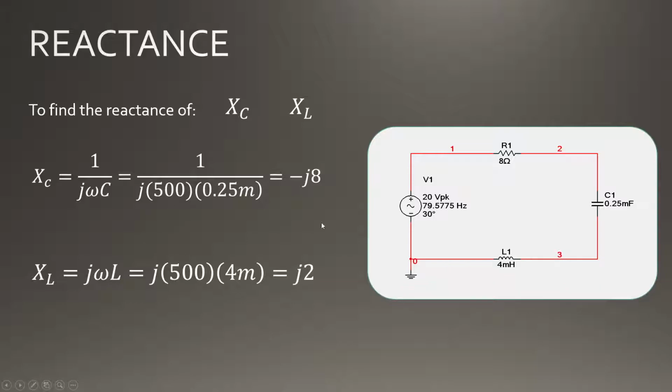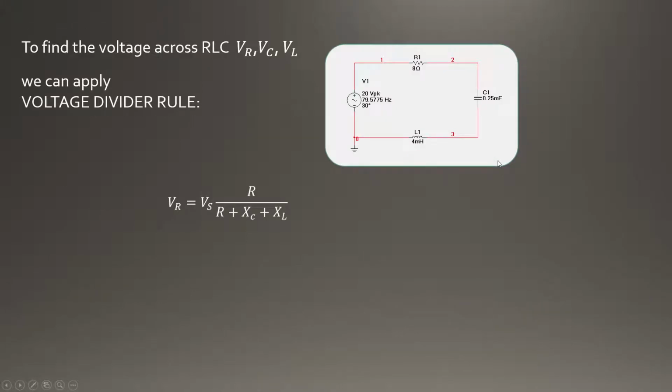Now if we want to find the voltage across the resistor, capacitor and inductor, since this is a series circuit, we can simply apply the voltage divider rule. To find the voltage across the resistor R1, VR is equal to Vs, where Vs represents the source voltage, or total voltage of the circuit, which is 20 Vp.